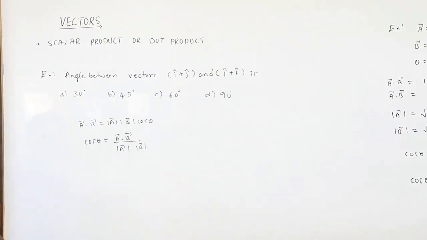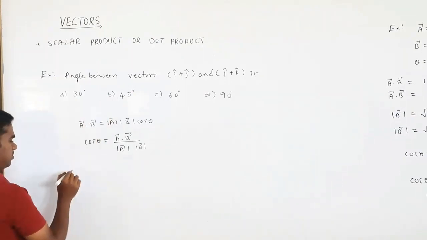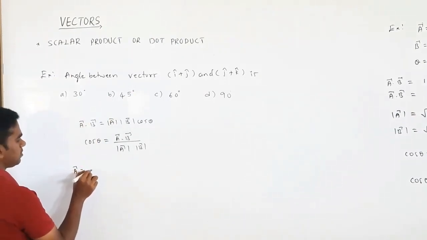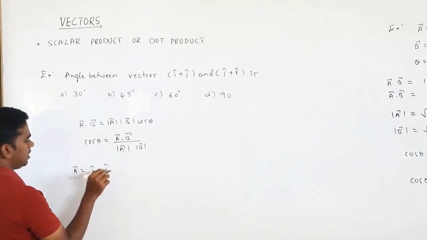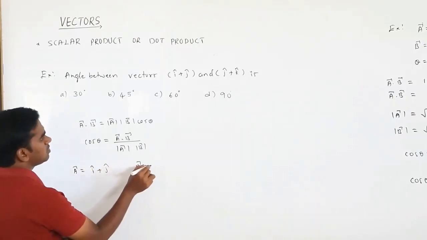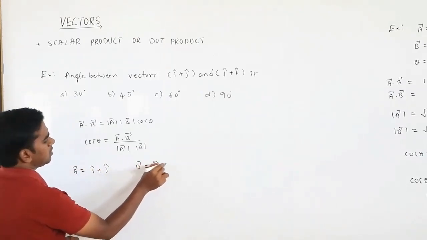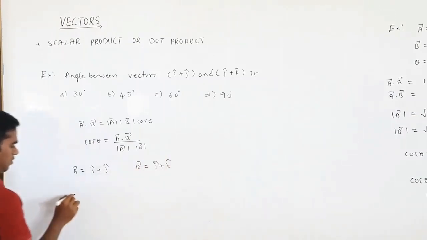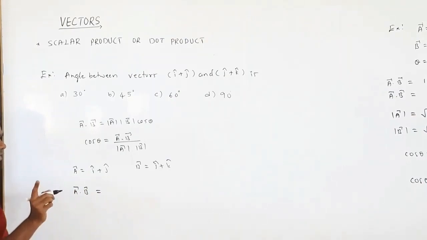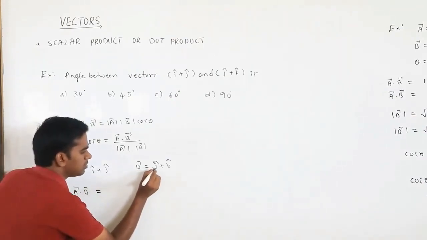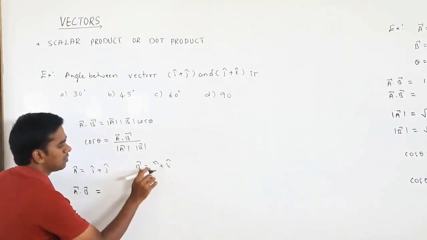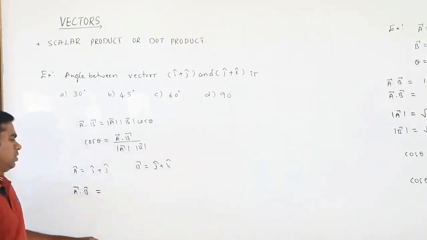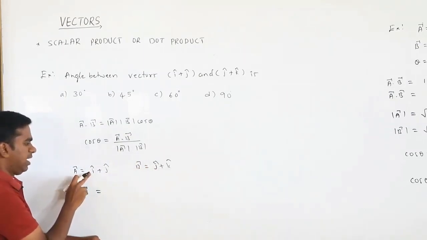First, what you have to find is A dot B. So write the vectors first. Vector A is i cap plus j cap. Vector B is j cap plus k cap. Now find A dot B. You have to multiply i with i only.